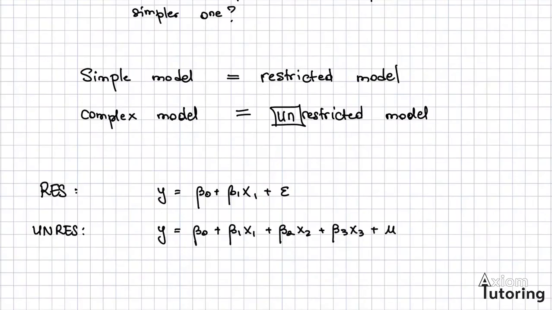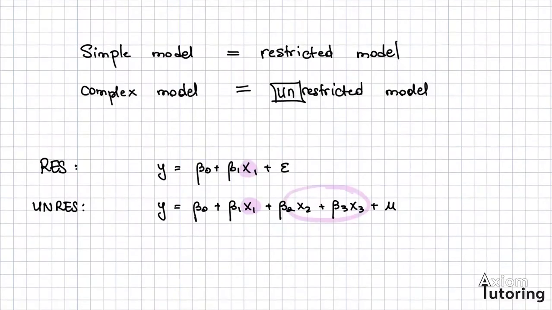The restricted model contains x1, which is already in the unrestricted model, and the unrestricted model contains x2 and x3 on top of the restricted model. So the question here becomes, do these x2 and x3 matter jointly? Do they add value jointly?